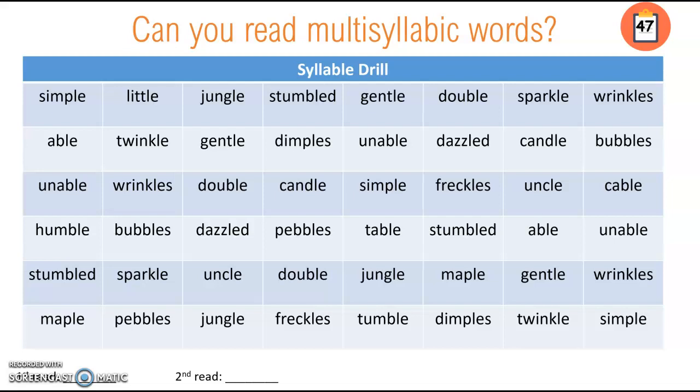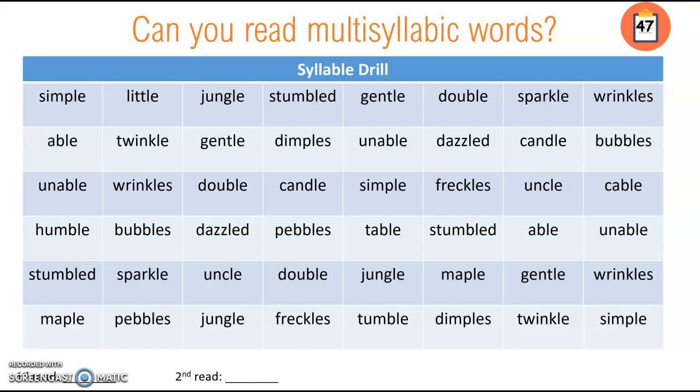Okay, so your second read, you're trying to get just a little bit farther than you did on your first read. Okay, so I'm going to start your second read. Ready, set, go. All right, and stop.